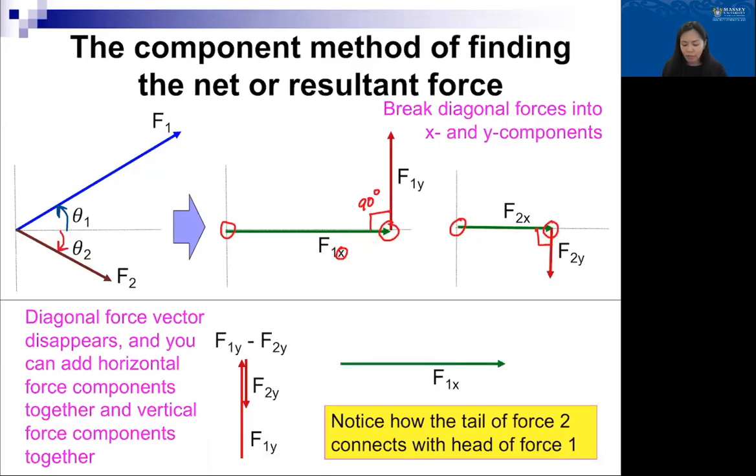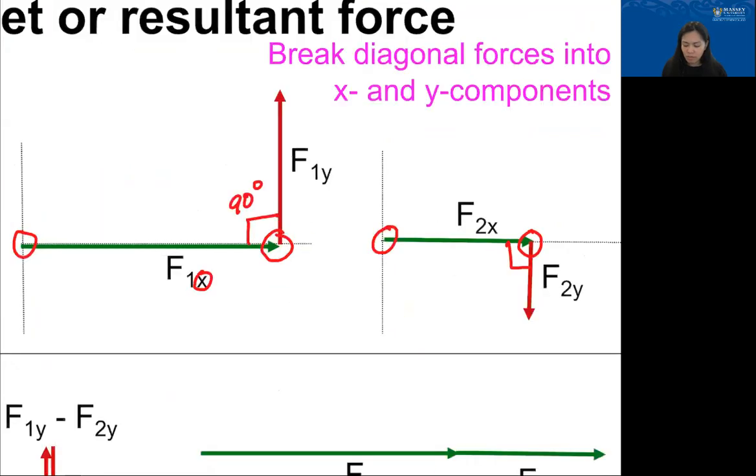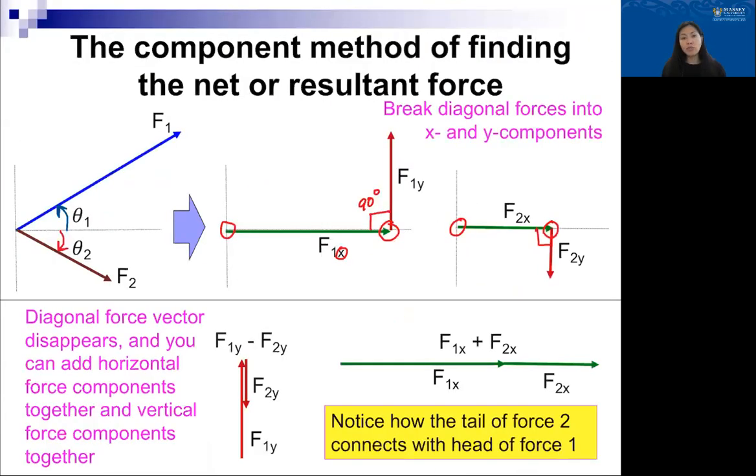For the horizontal vectors, you see they're in the same direction. You have the horizontal component for force F1 and the horizontal component for force F2. They're in the same direction, so you add the two forces up. Is that clear so far?